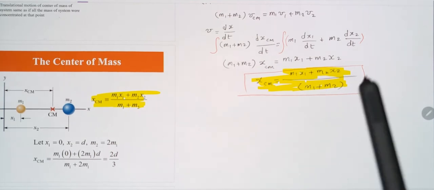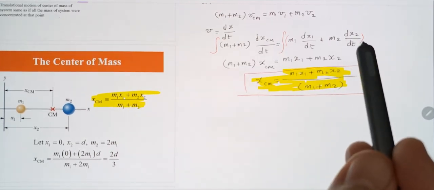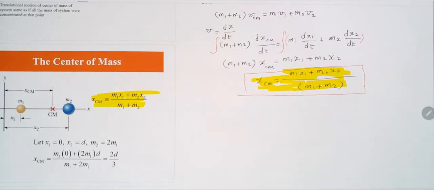When you have dt, you have time on the right and on the left, so it will disappear. Exactly, it is the same idea of how we derived half mv squared from the work. Yes, integrating in terms of time.